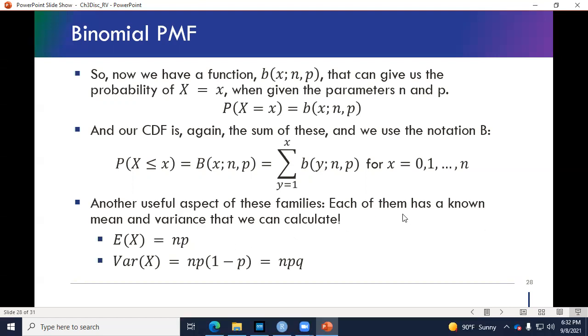These are known once your parameter P is known, and you can directly calculate them. The expected value of your binomial random variable is n times P, and the variance is n times P times Q, where Q is just one minus P, the probability of failure.